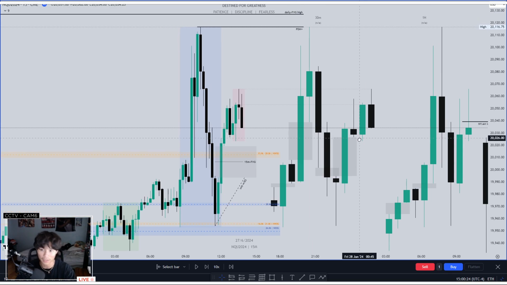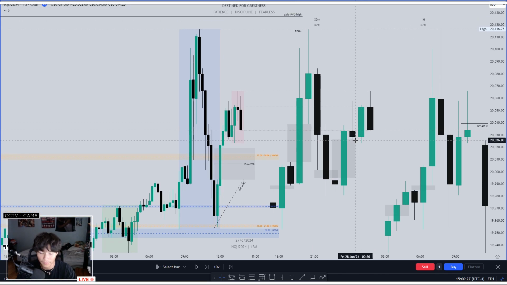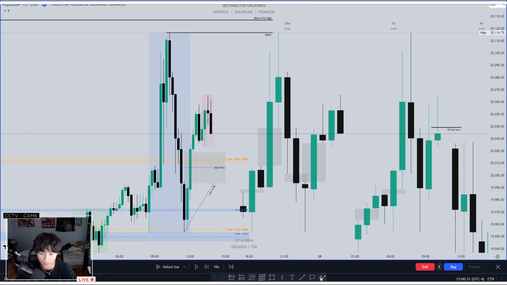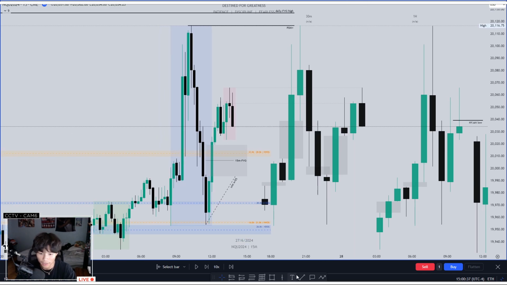from this 30-minute FVG. So this is the 30-minute time frame right here, and see how price retraces back inside this FVG, and we had a reaction to it. So my trade idea was based off of this 30-minute candle and how we were most likely going to attack this candle's high and leave this low intact.